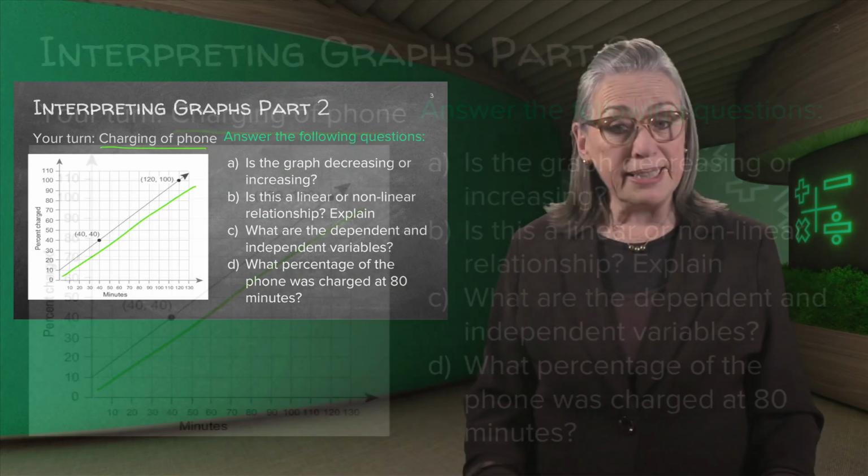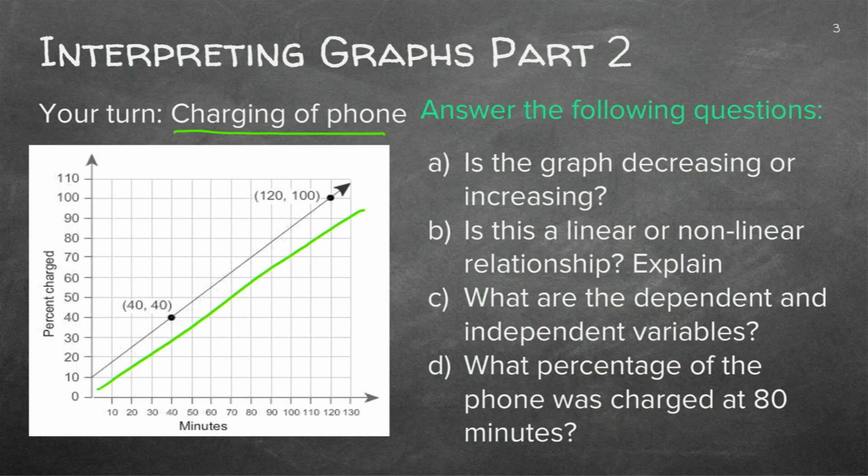What are the dependent and the independent variables? Remember I said the dependent we find on the y-axis, and the independent we find on the x-axis. I also said last time, if you remember, that often the title will link to the y-axis.